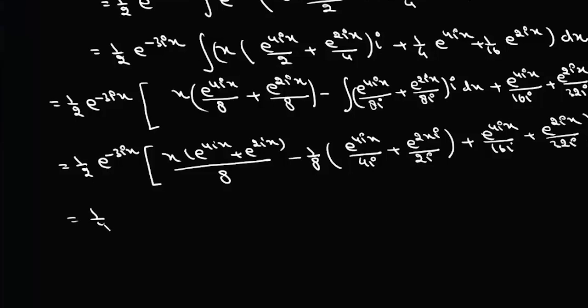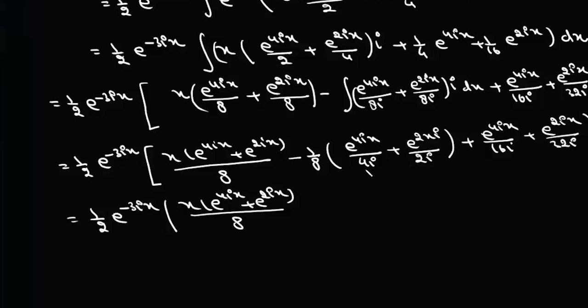Now this is 1 by 2 e to the power 3ix, this is x e to the power 4ix plus e to the power 2ix upon 8.